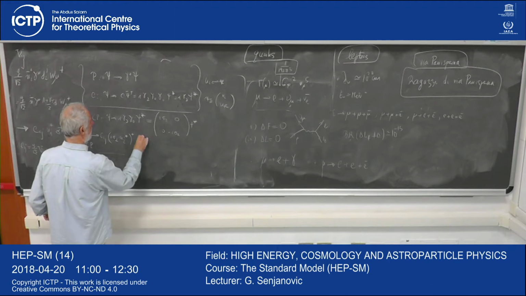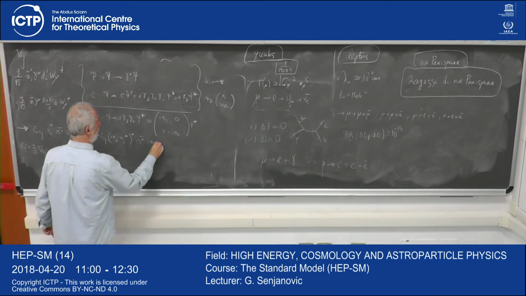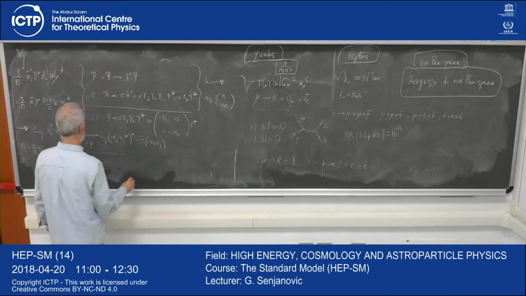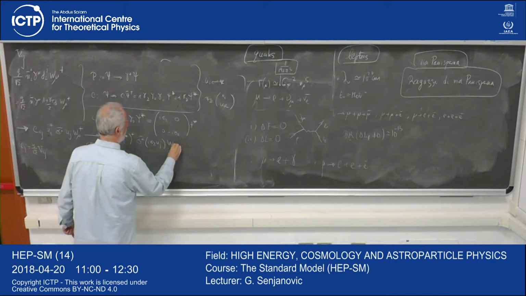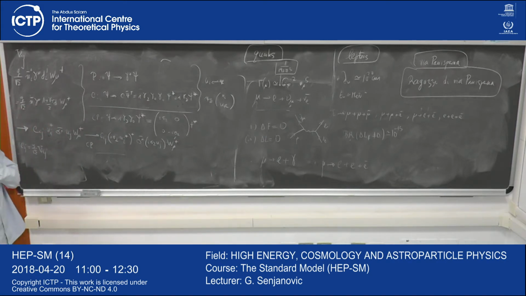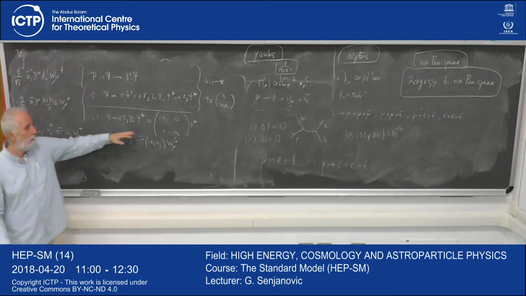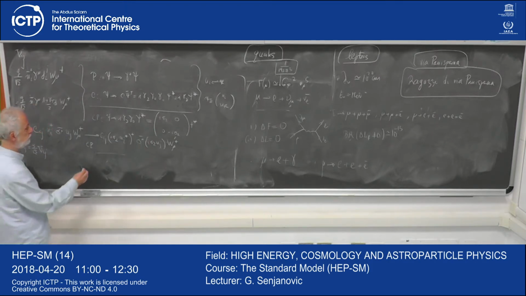Then sigma mu bar, I sigma 2 Uj, W mu plus prime. W transforms under CP, right? We'll think about it in a moment. But you agree, this is what I would get by this transformation.